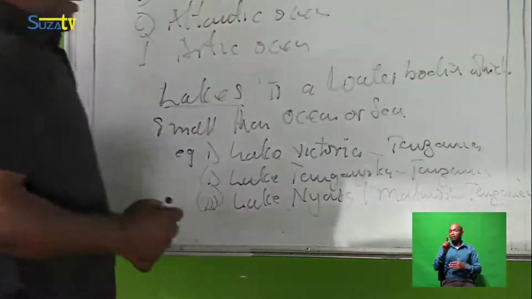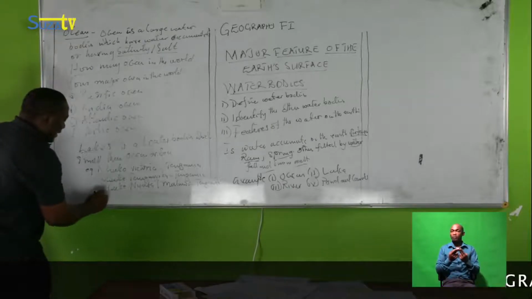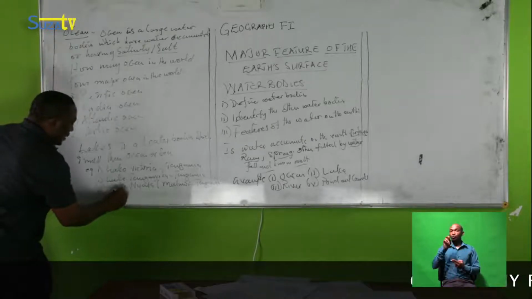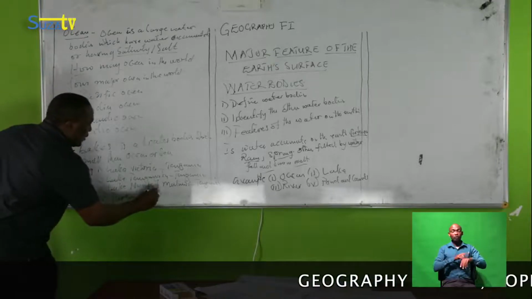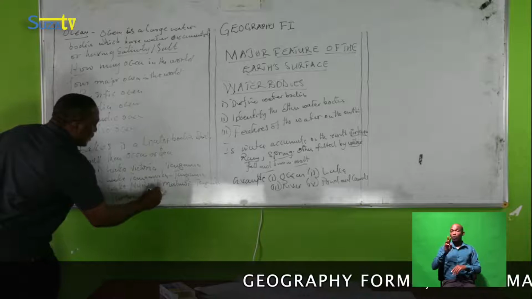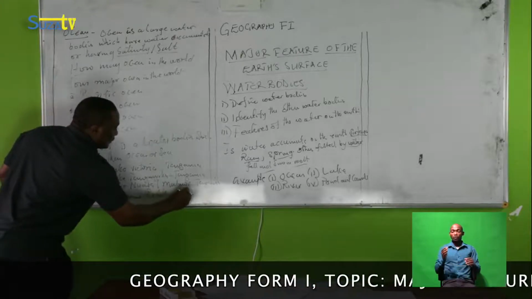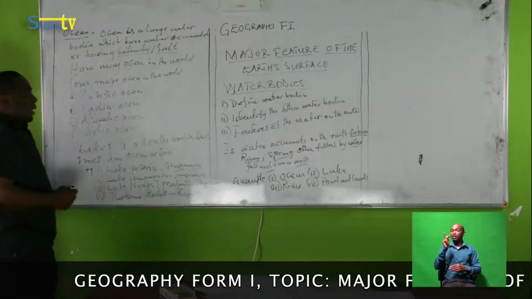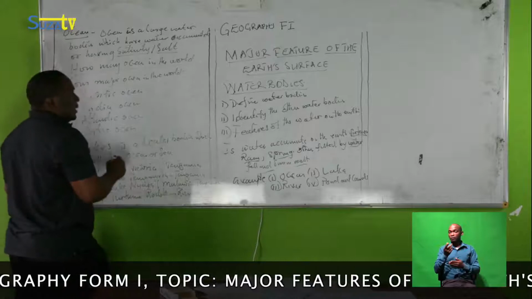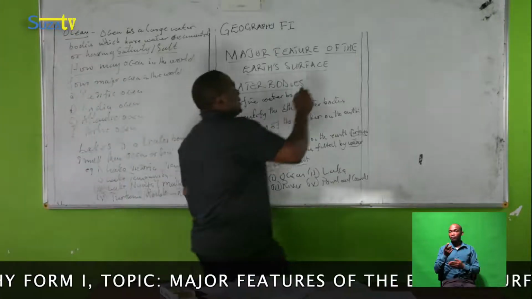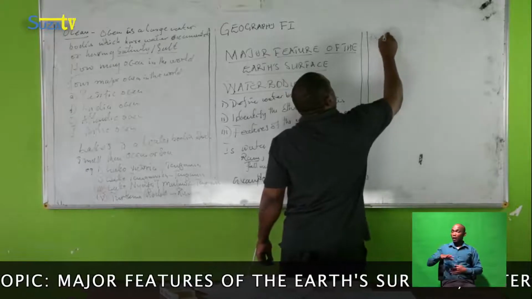Another lake is Lake Turkana, or sometimes we call it Rudolf. This is available in Kenya. And the last one we can say is Lake Kyoga.